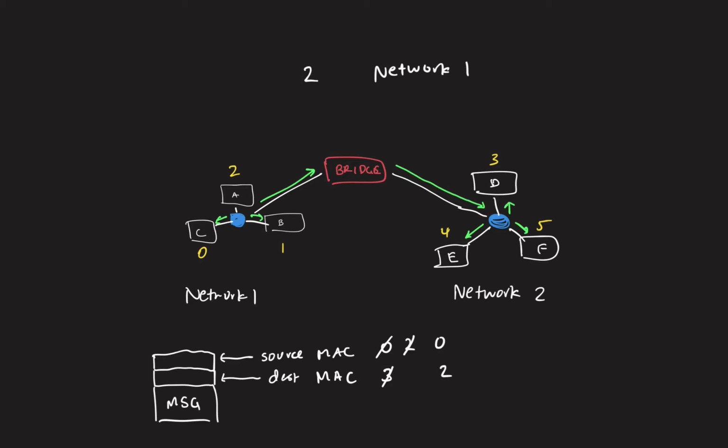The bridge will notice that it already contains a mapping of destination MAC 2 to a network. And it'll realize that this message is coming from network 1 and going to another node inside network 1. As a result, the bridge does not need to forward this message to network 2.